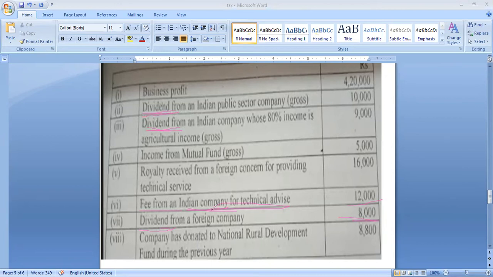If a company receives dividend from a foreign company, it is fully taxable. But if a company receives dividend from Indian companies, that is fully exempt. In this problem, various amounts are given. Those are exempt. You need not show them.